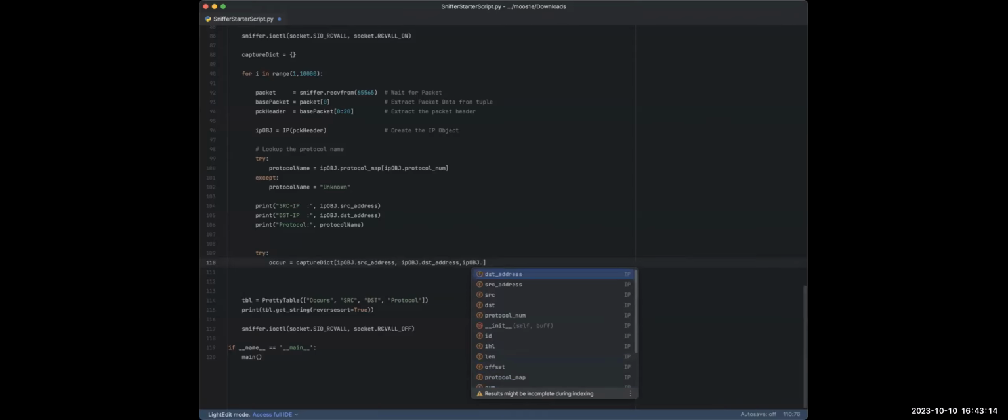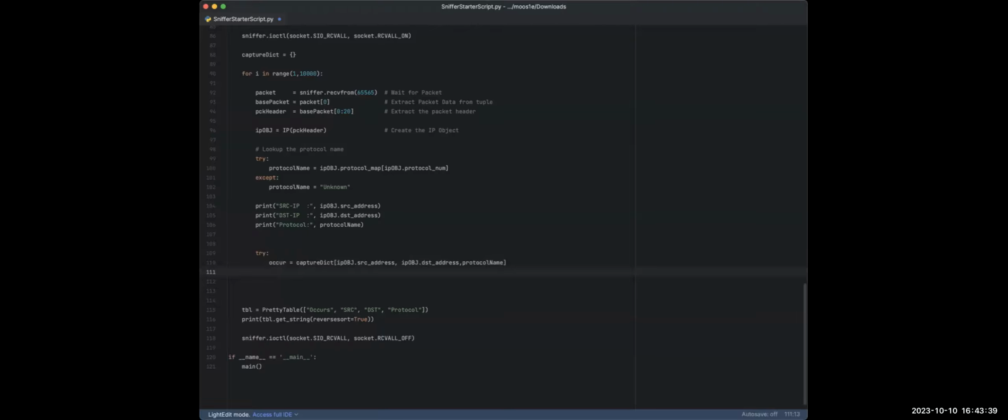Where is it? What did it name it as? Protocol name is, oh wait, destination, oops, we don't need that, sorry. So now you're just doing protocol name, because protocol name is going to be declared as TCP, UDP, or ICMP.